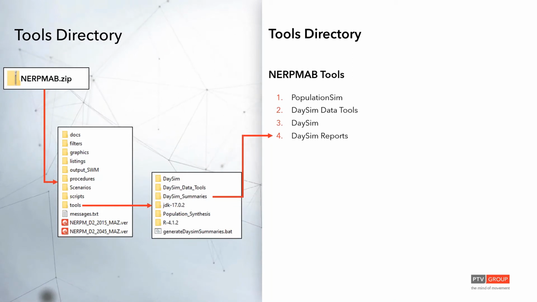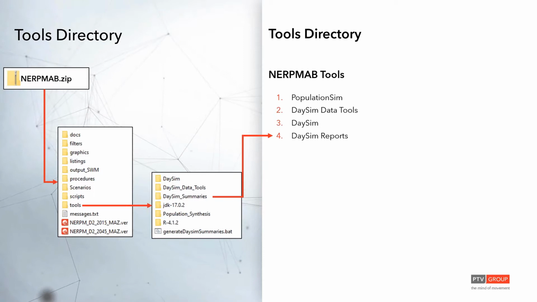DaySim also comes with a reporting tool. Once an ABM run is complete, the DSM Reporting Tool creates various summaries for calibration and validation. So that is also another tool that you would find in this tools directory.